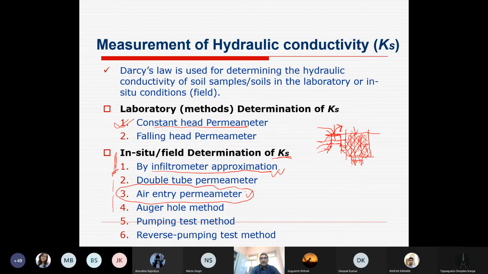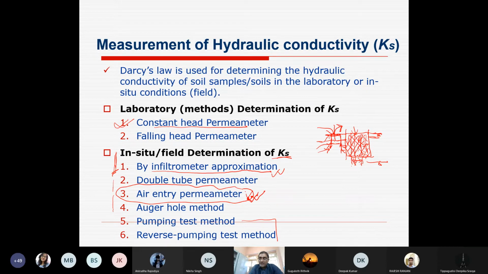So the pumping test and the reverse pumping test are the methods performed when the groundwater table is very near to the soil surface or far below the ground surface.